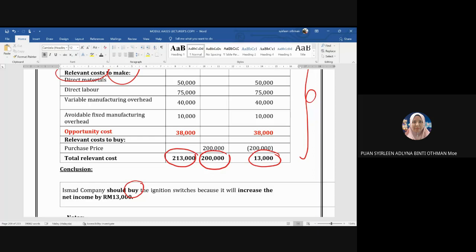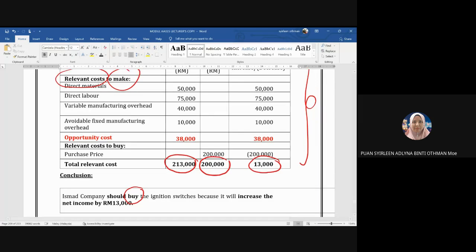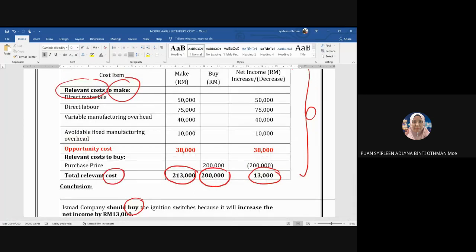Kenapa buy? Sebab yang awak kira ni ialah cost. So maksudnya kalau saya make, saya kena tanggung cost sebanyak 213,000. Tapi kalau saya buy, saya akan tanggung cost sebanyak 200,000. Jadi cost untuk buy lebih rendah kan? So bila lebih rendah, keputusan saya ialah buy. Nampak sebab tu walaupun dia dekat sini positif, tapi I tak ambil make, I akan ambil buy.